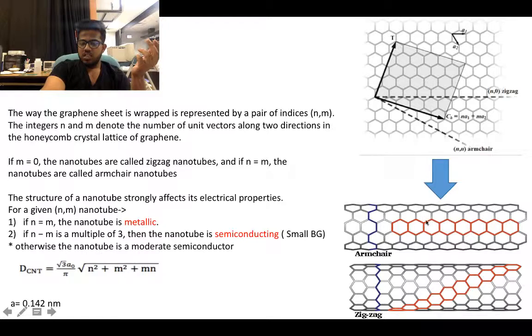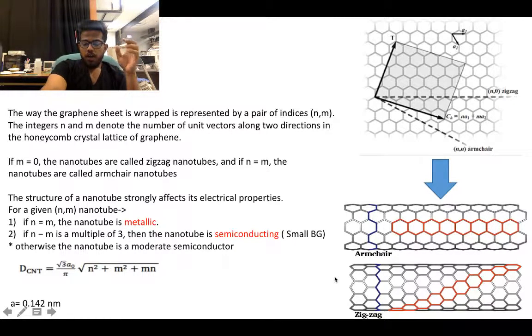So you can see these tubes might look similar, but the orientation of the individual atoms is different. These two are pretty different when it comes to their electrical properties. Well, their physical properties are the same, but the electrical properties are different.